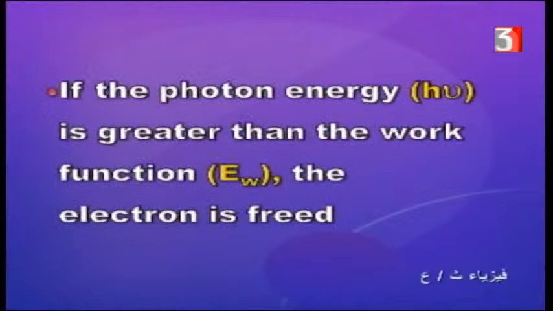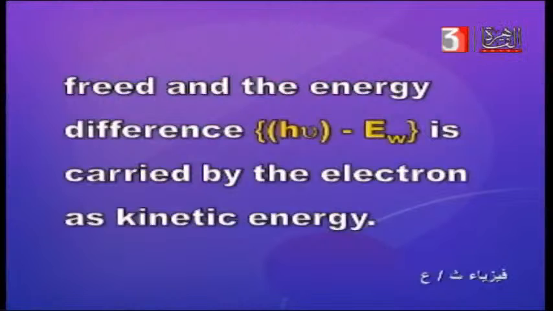Second possibility, if the photon energy h nu is greater than the work function, what happens then? The electron is freed, is extracted, and the difference between the energy of the photon h nu and the work function appears on the electron as kinetic energy, half mv squared.